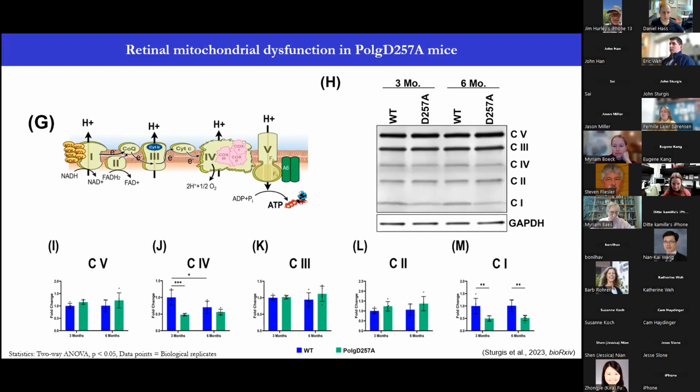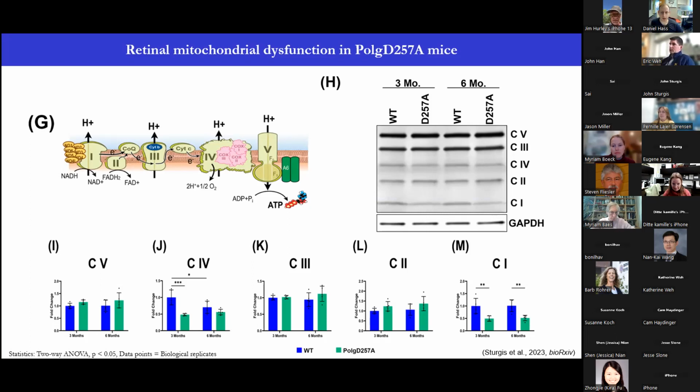I don't know. I haven't really thought about it, but maybe there's some sort of compensation occurring at the young age that's unable to compensate as the mouse ages and accumulates more mutations. Do you know what I mean? Well, I don't think there's anything else that consumes oxygen as well as complex 4.